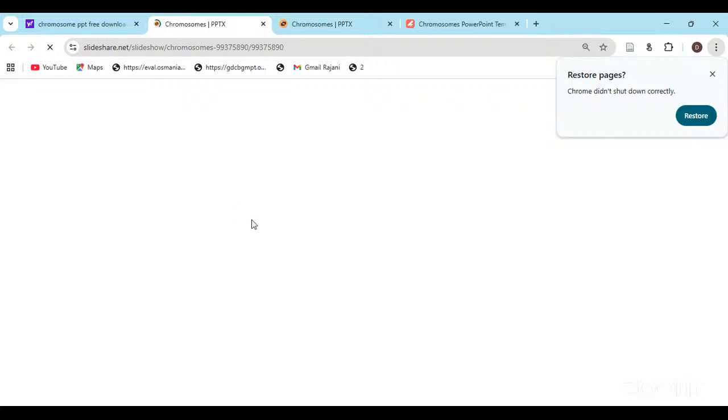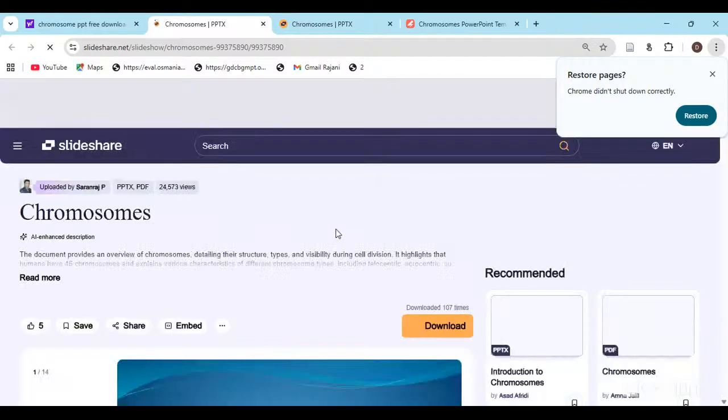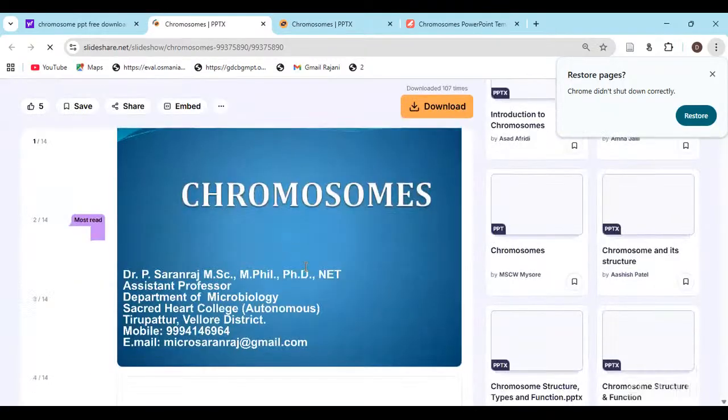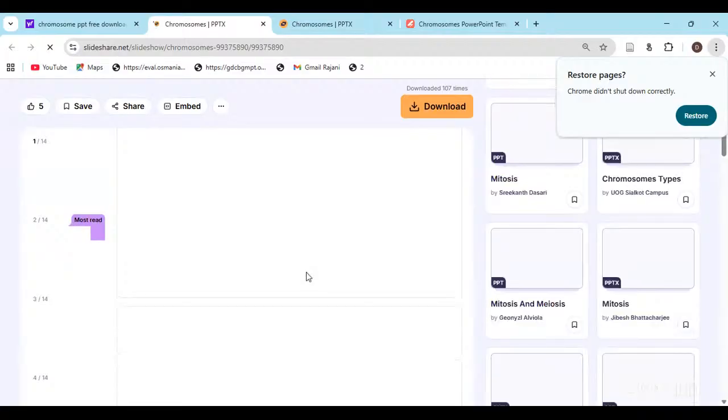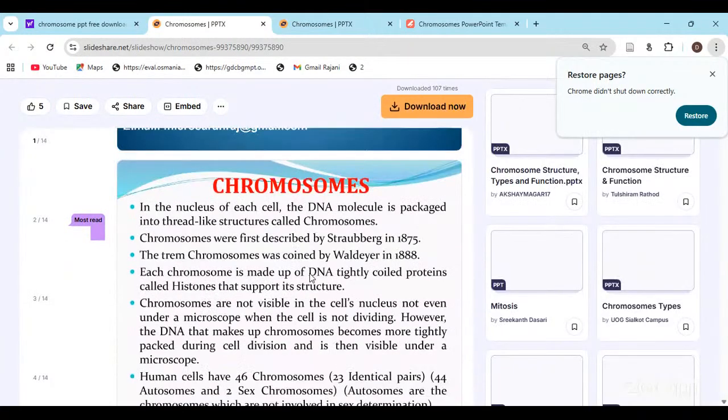In this process, the chromosomes can also be observed inside the nucleus.